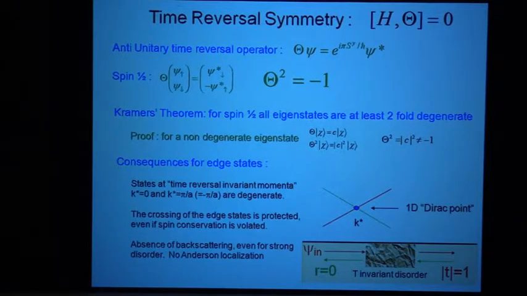And the theorem is that in one dimension, no matter how weak the disorder is in an ordinary one-dimensional system, you flow to the Anderson insulator. This system is a little bit different, and I think in the next viewgraph I might be able to give you an argument that will convince you that this can't be localized. So I'll see if I can do that.